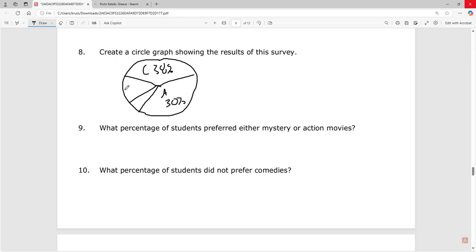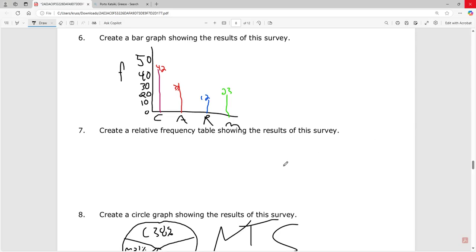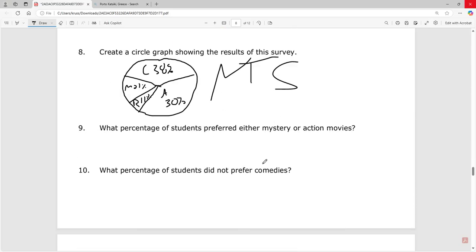This is mystery at 21%. And this is romance at 11%. So this is not to scale. But if I wanted to get the scale, I'd get a protractor out and calculate the central angles and all that stuff, which is out of the scope of this.